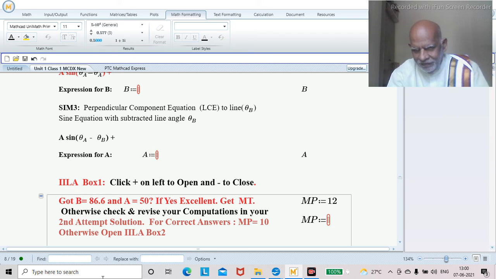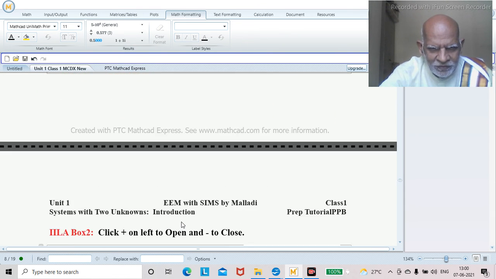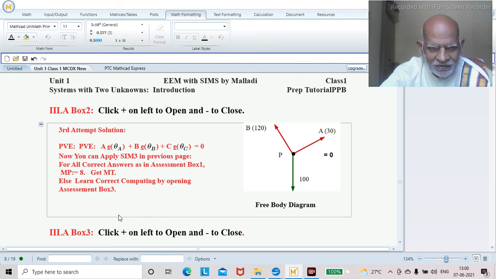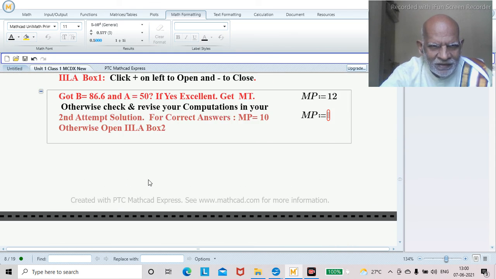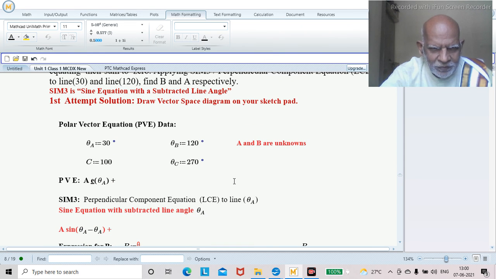You are self-assessing here basically, because if you do it right, you will know where to go and revise before the exam. Now here I have given the equation, and I have also given the diagram. Now I am asking you to get the expressions and the answers. You can do it here, or you can go back and correct them. I have given the correct expression here.